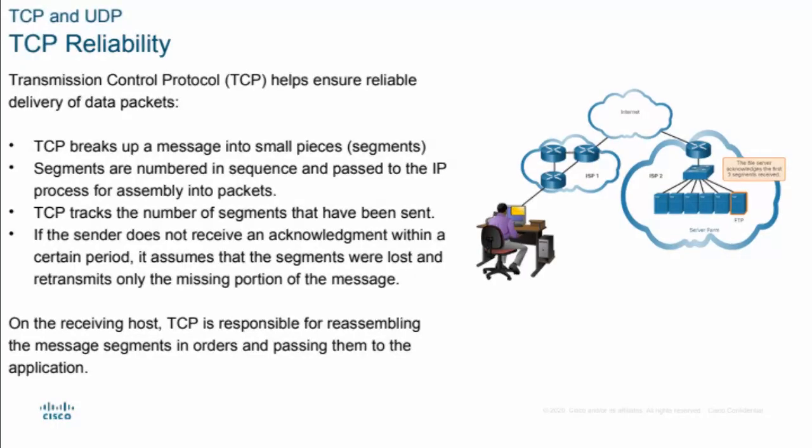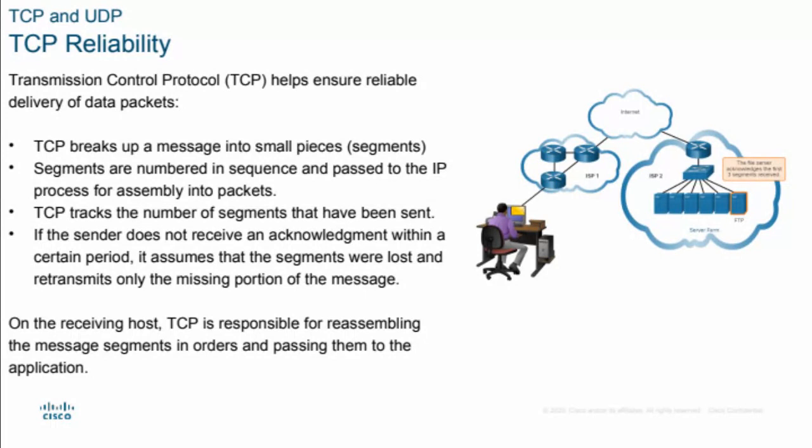TCP is reliable. When you send something with TCP, you can get an acknowledgement that it is received. It is connection oriented. It will establish a connection between the sender and the receiver. TCP breaks up the message into smaller pieces. We call them segments.